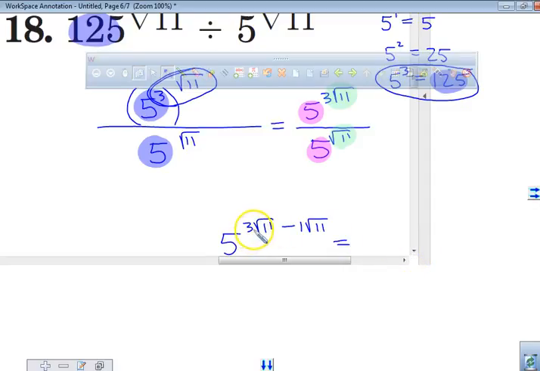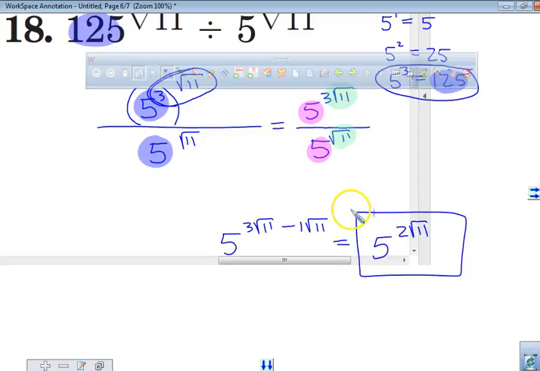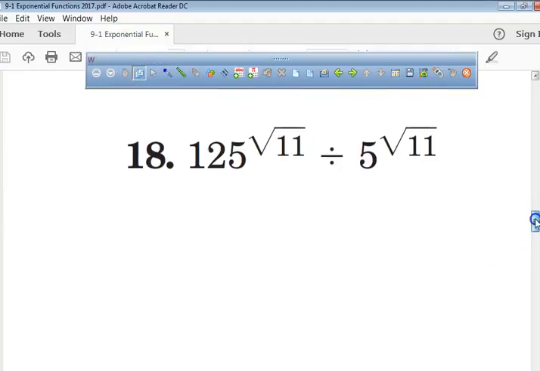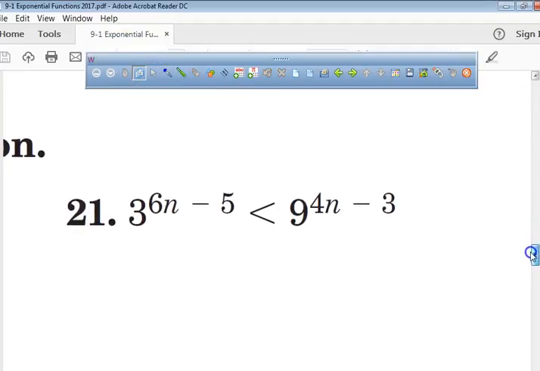What's 3 radical 11s take away a 1 radical 11? So your final answer is 5 to the power of 2 radical 11. That's your final answer, and it's a radical. This is what's considered to be simplified.